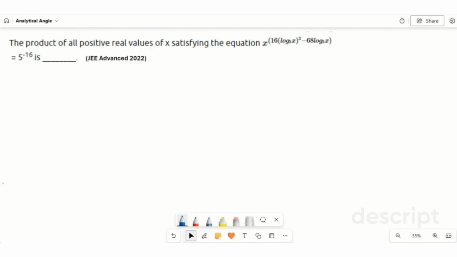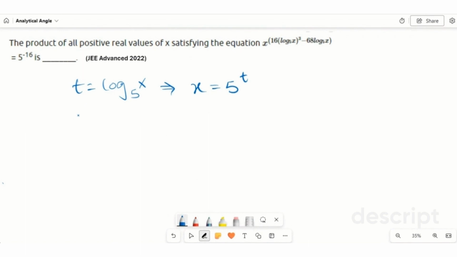So let us begin. First of all, let us take t is equal to log x base 5. From this, we can write that x is equal to 5 to the power t. So now we write down the question again.